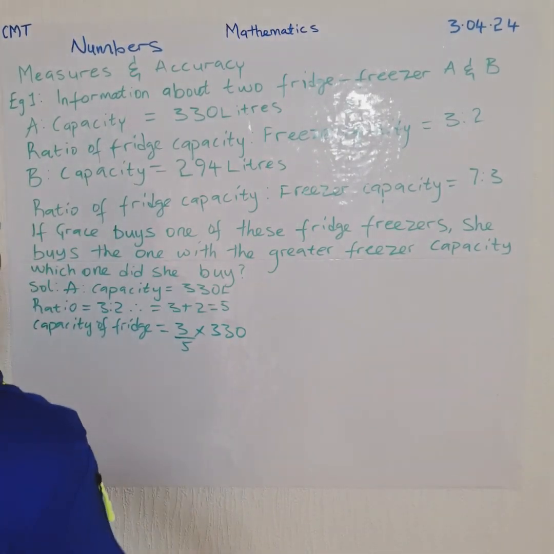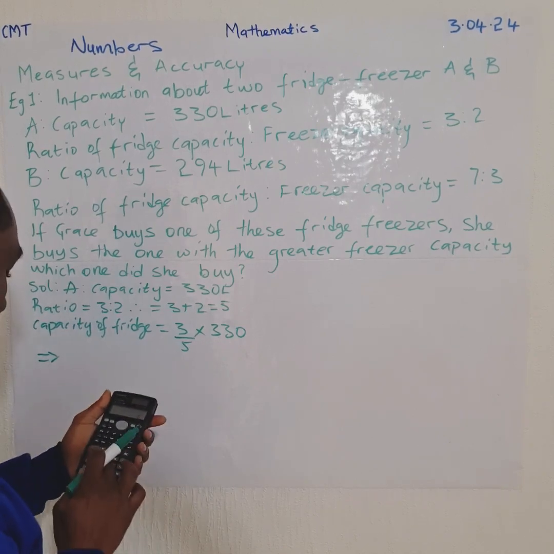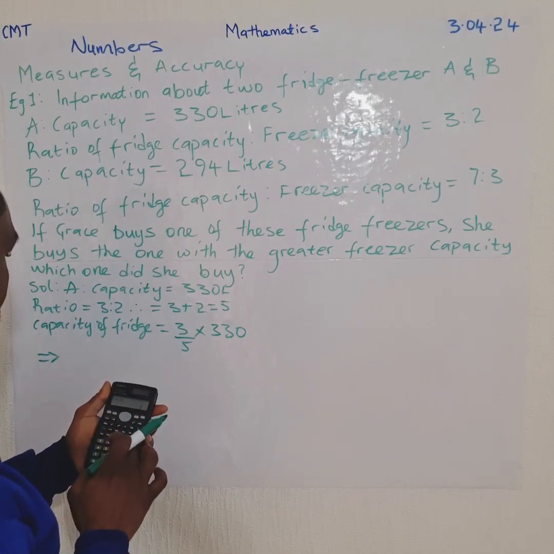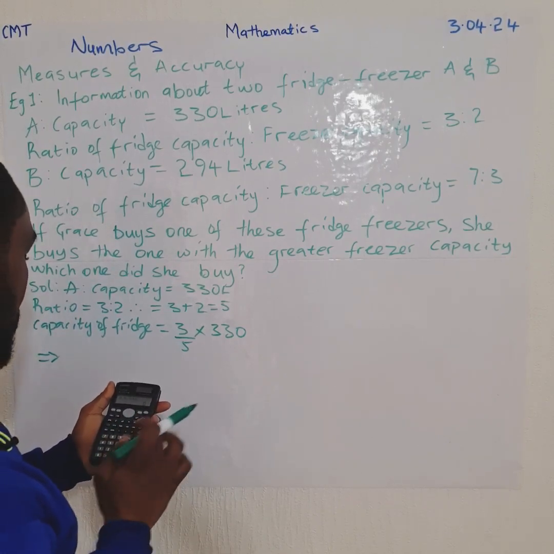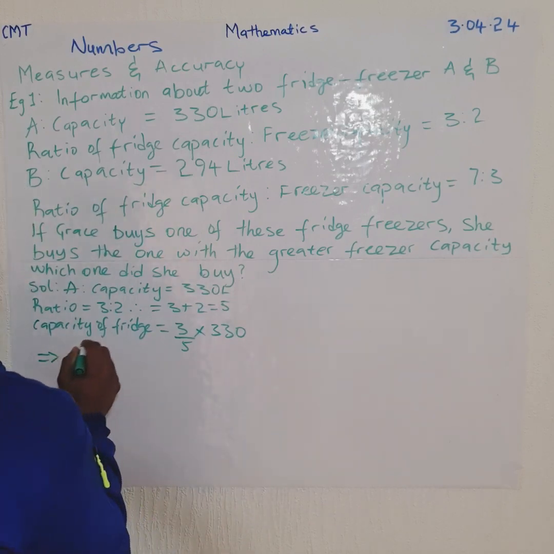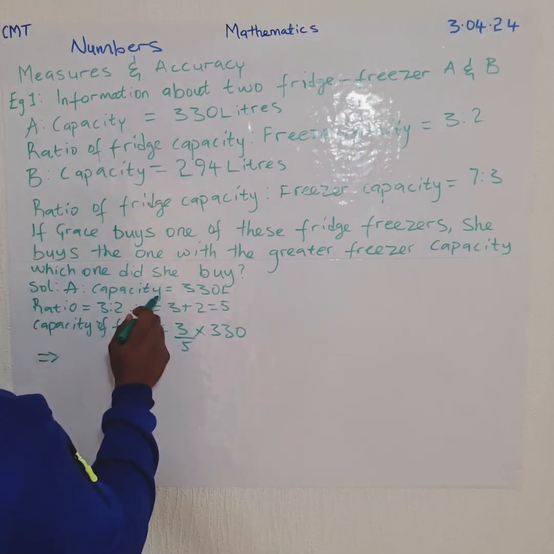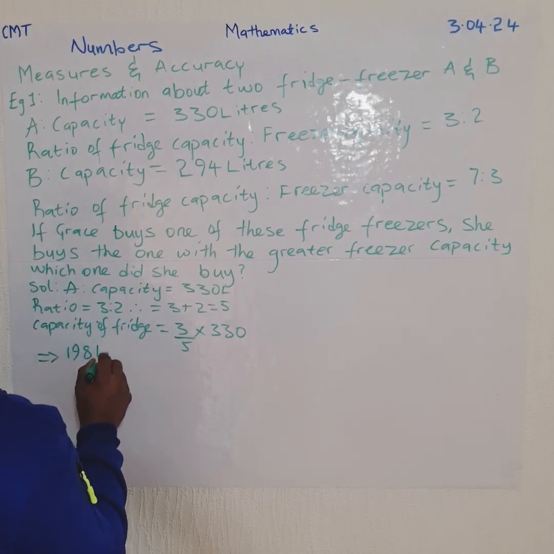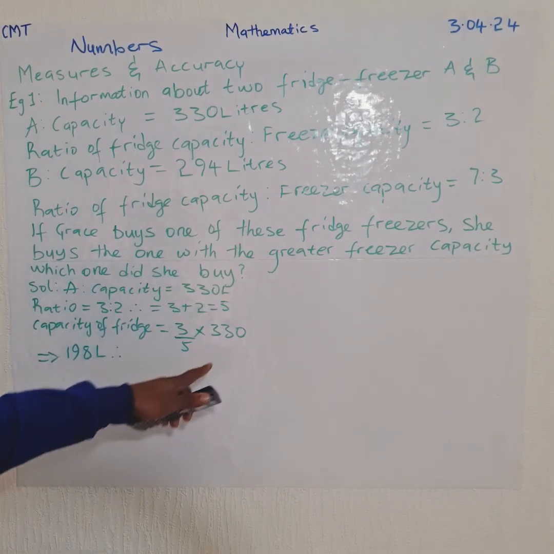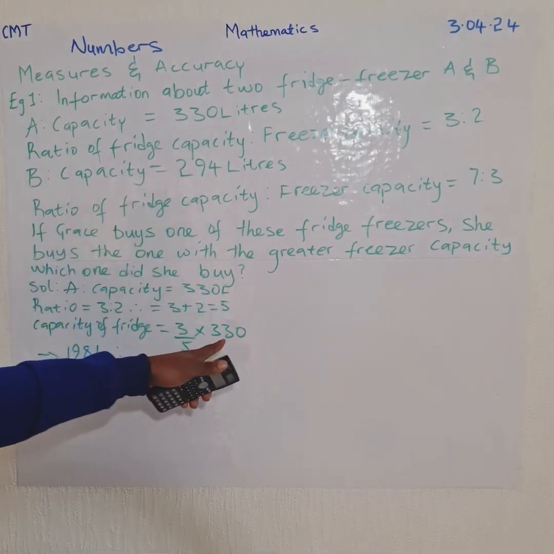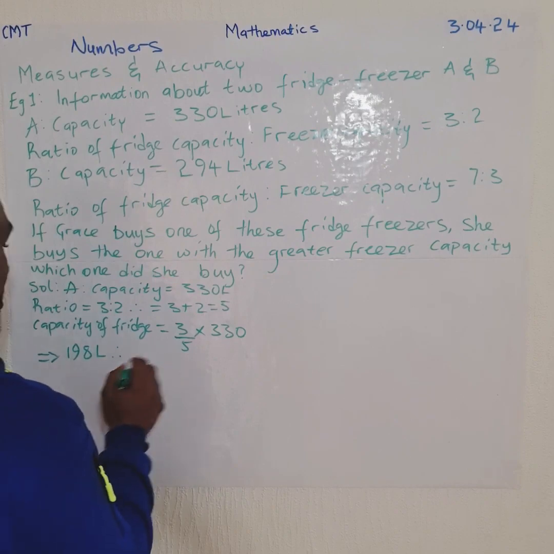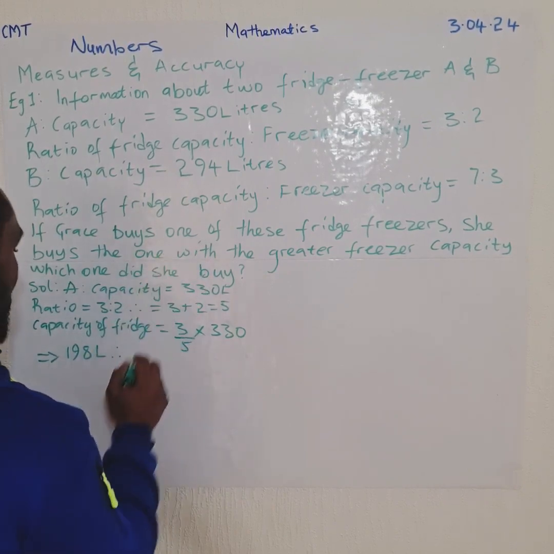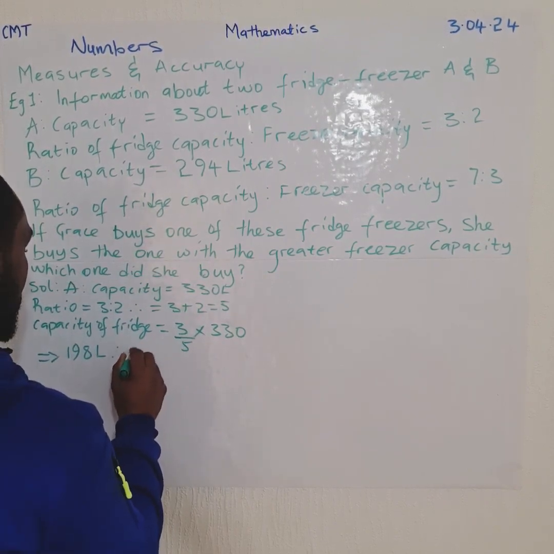If we compute this, you would have 3/5 multiplied by 330. It means that the capacity of the fridge will be 198 liters.